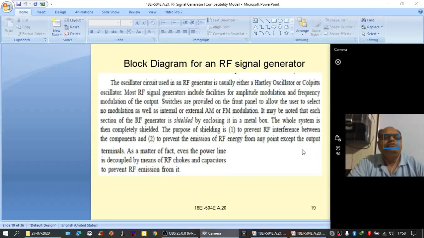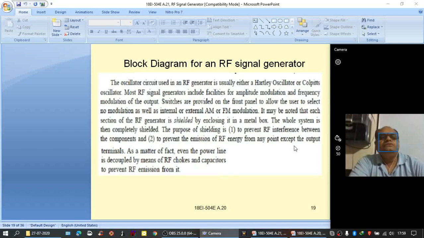That means the radio frequency signal should not be available on the body of any other part of the radio frequency signal generator except at the output.